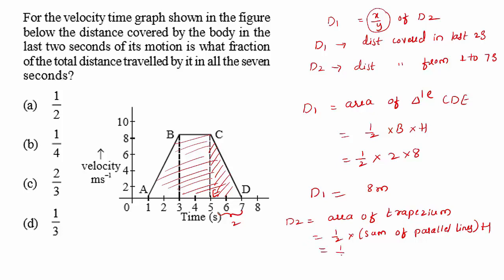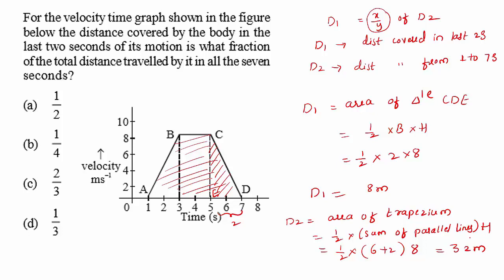Substitute the value, 1 by 2 into sum of the parallel lines. Here parallel lines means, you can observe, this will be 6 and this, 3 to 5, will be 2, and height is 8. Calculate the value, we will get 32 meter.